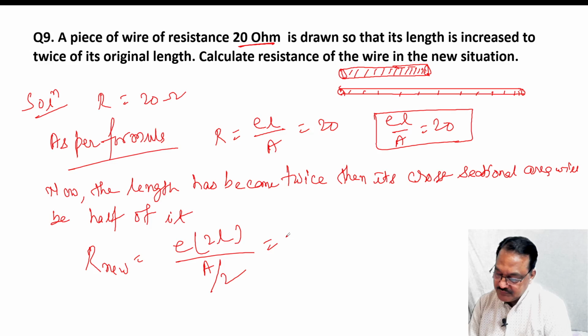Just put the value that is given here. So this 2 will go up, meaning 2 into 2 into rho L by A.